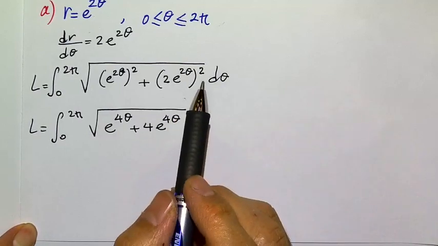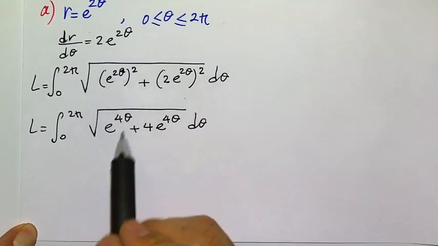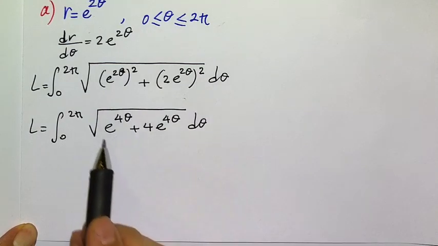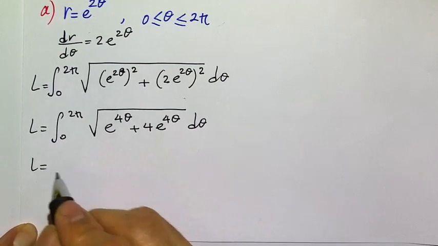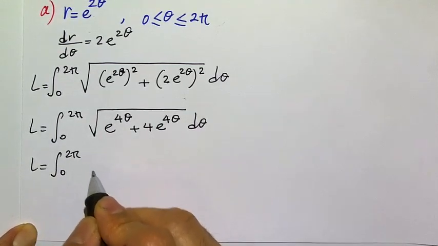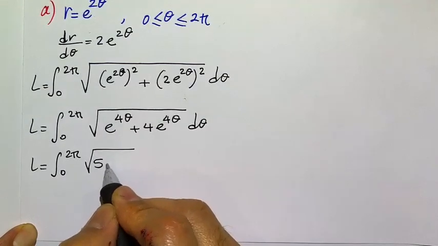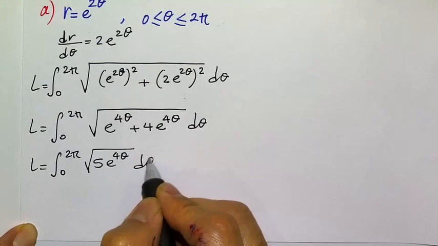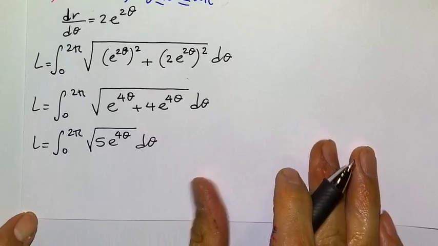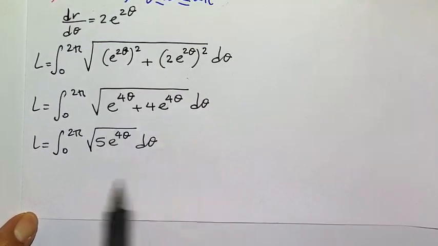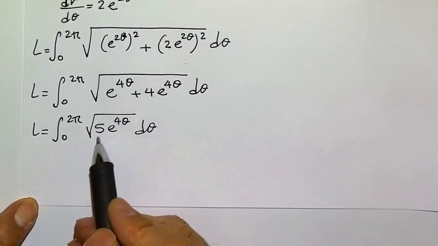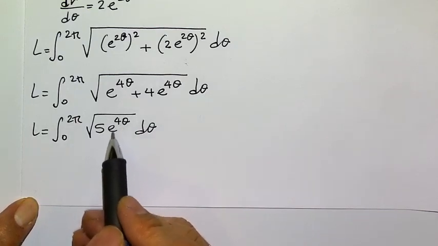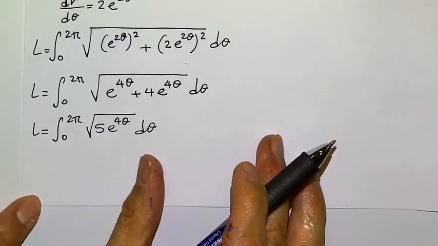So then we have 0 to 2 pi, and then these two we can add, so we get 5, right? Let's do that. 0 to 2 pi square root of 5 e to the 4 theta power d theta, right? 4e to the 4 theta, plus this, we get 5 times that. So we can factor out square root of 5, and then it's easy to see how that piece comes out of the square root as well.